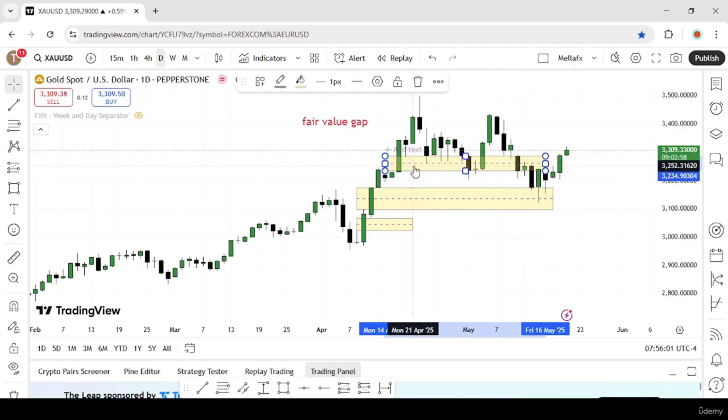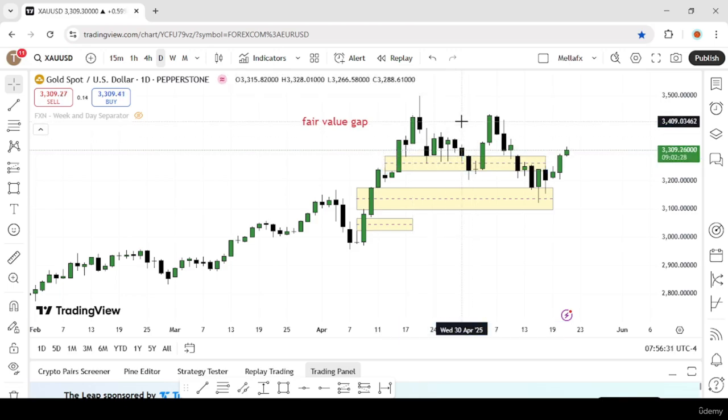So the fair value gap in short is also used to show the direction of order flow in the market, if the market is respecting a particular order flow, and we can gauge using the fair value gap whether it is providing support or resistance to the market.